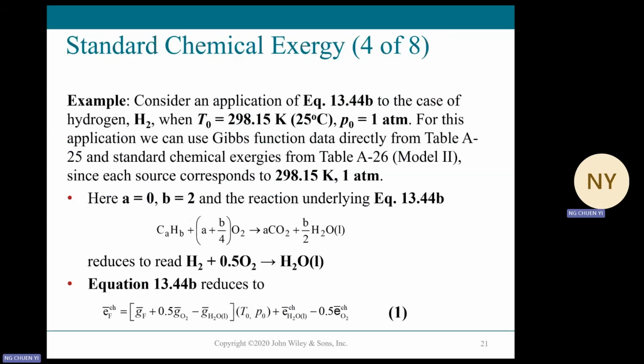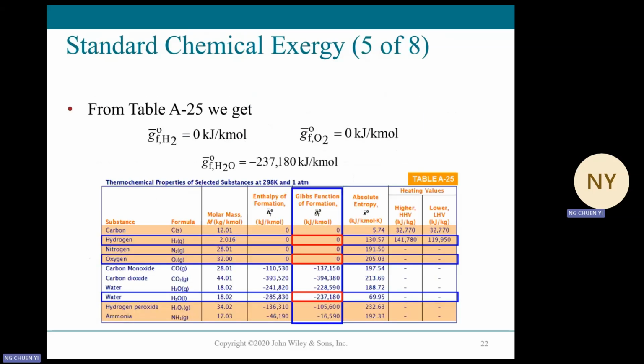Then let's check this formula by finding the chemical exergy of methane gas, which is CH4, at 25 degrees Celsius and 1 atm. For methane, our numbers are a equal to 1, b equal to 4, and c equal to 0. By plugging this into our formula along with our Gibbs value from A25 and environment percentages from the table, it gives a calculated result of 830,000 kilojoules per kilomole.